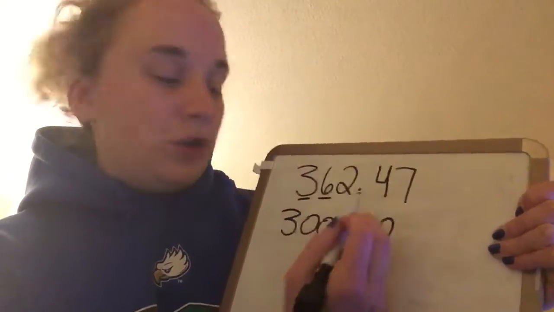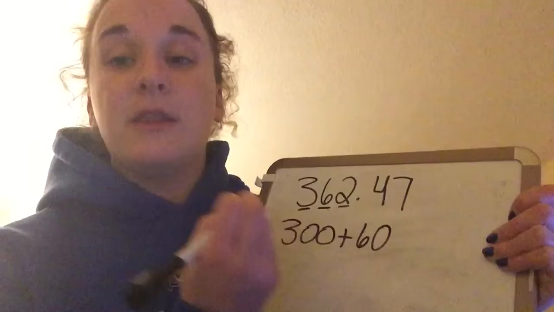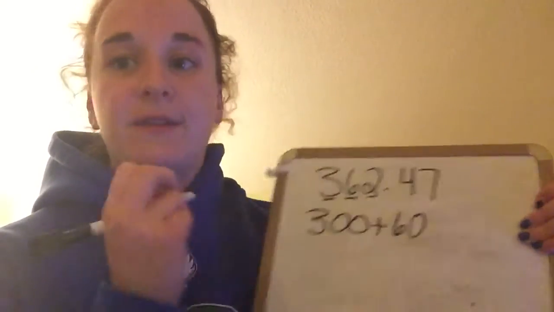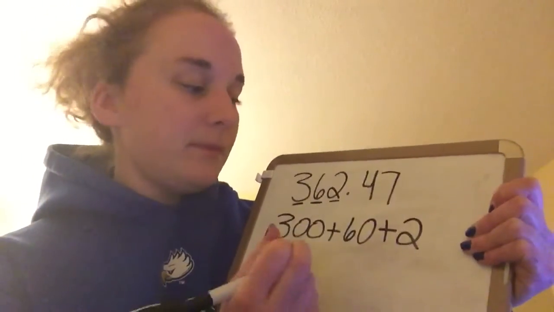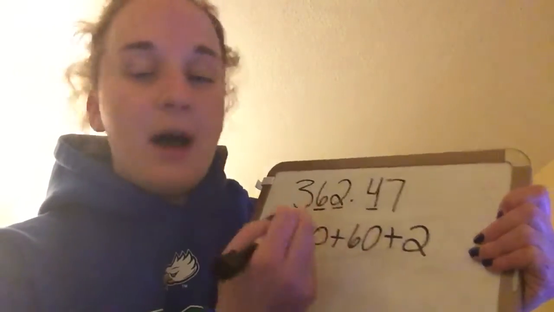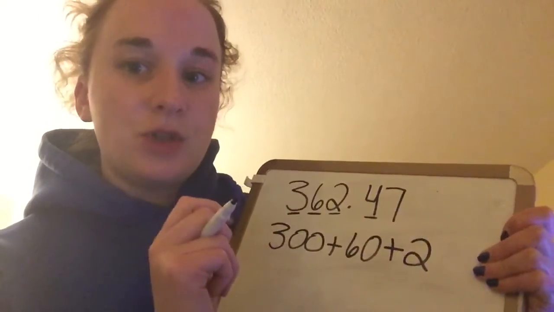Now I'm going to move on to the 2. The 2 is 1 spot before the decimal place, and it is in the ones place. Remember, when a number is in the ones place, the value stays the same. So we're going to add 2. Now I'm going to move on to the 4. The 4 is 1 spot after the decimal, which is the tenths place with a TH.